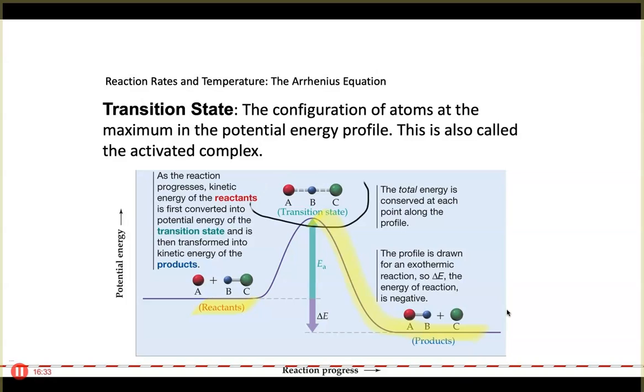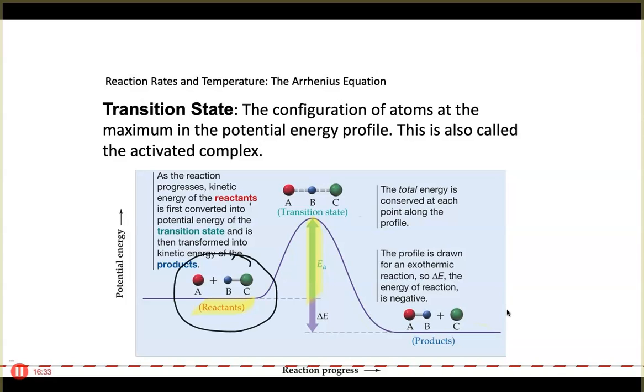I'm going to erase this. Right? So we need to have a minimum amount of energy, which we see here, that is going to be needed by the reactants in order to form this transition state. So we can start to see where temperature is starting to come into play here.